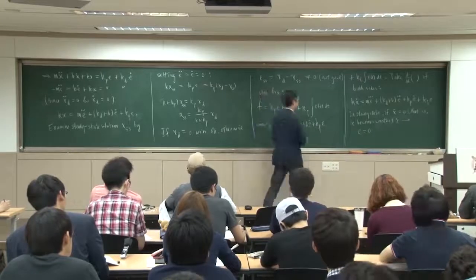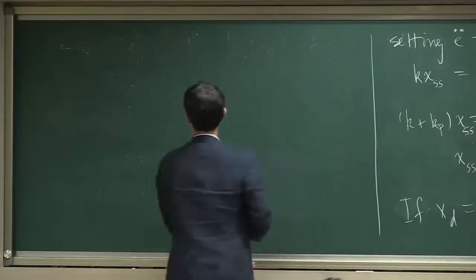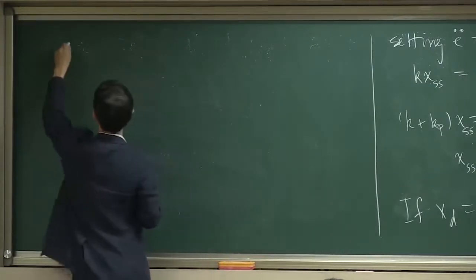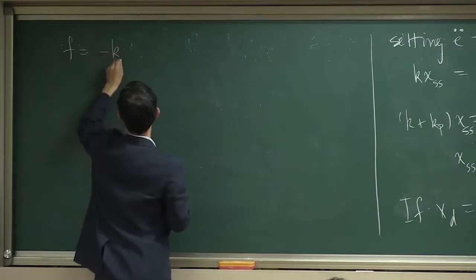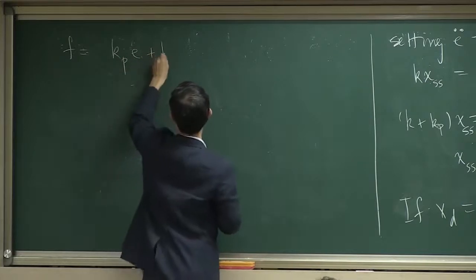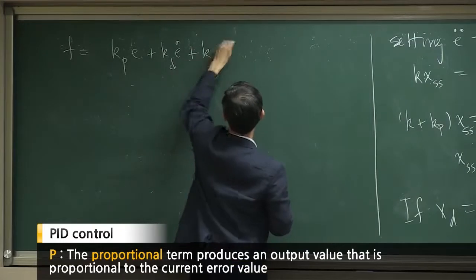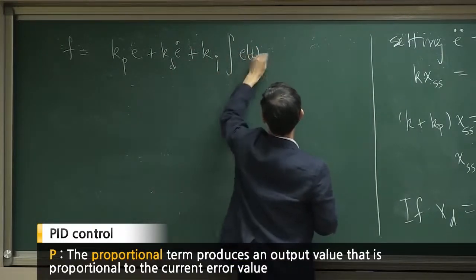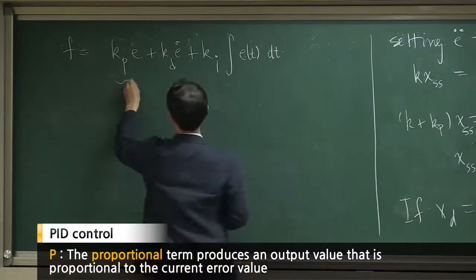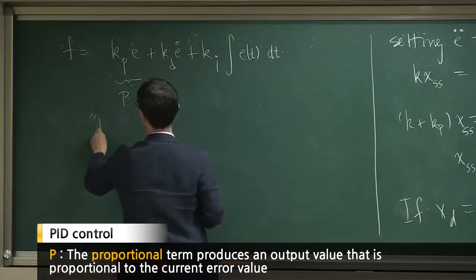So this is the idea behind PID control. Let's go over here. What we've just derived is the PID control law. F equals minus, plus kp e plus kd e dot plus ki integral e of t dt. This is called the proportional term, that's the P, for proportional.